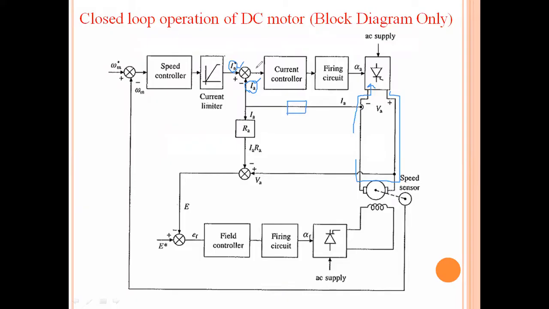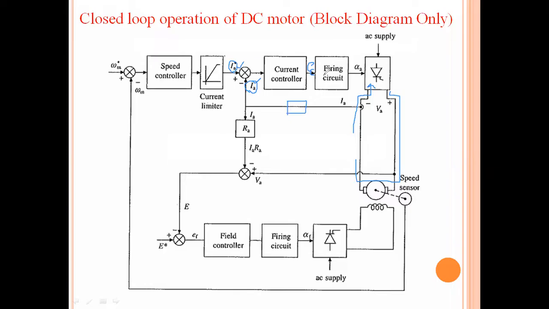Here the error signal is generated, where the current error is processed through the current controller, whose output is EC, which adjusts the firing angle. So here you will get a signal called EC. EC means controlling EMF.